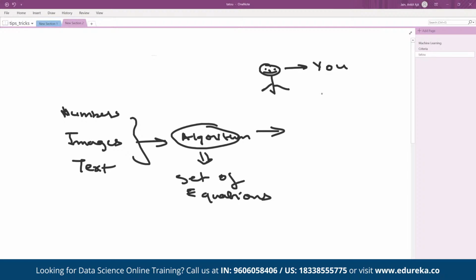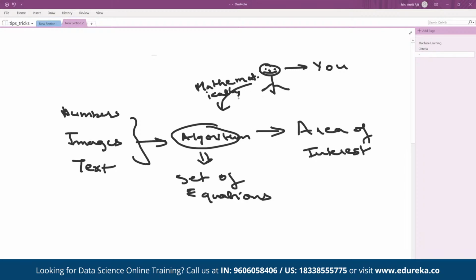So this you will tell the algorithm mathematically that from these numbers, images, text, my area of interest is, you will tell the algorithm the same thing. Once you tell this, the algorithm will automatically understand what is the relevant part I need to learn from these different forms of data, number, images, or text.